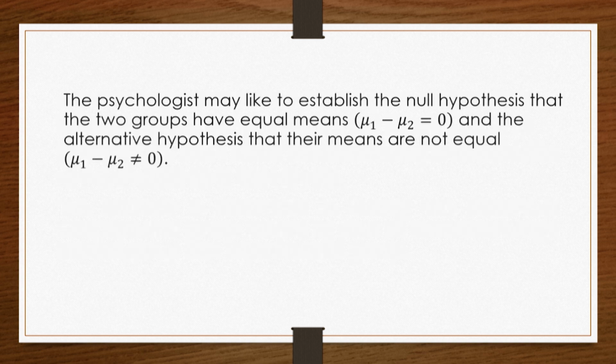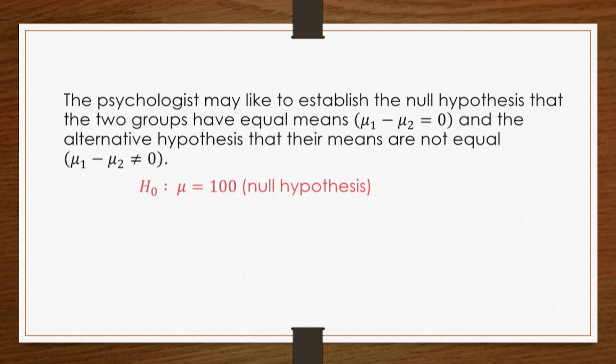The psychologist may like to establish the null hypothesis that the two groups have equal means, that is, mu1 minus mu2 equal to 0 or mu1 is equal to mu2, and the alternative hypothesis that their means are not equal, that is mu1 minus mu2 not equal to 0 or mu1 is not equal to mu2.